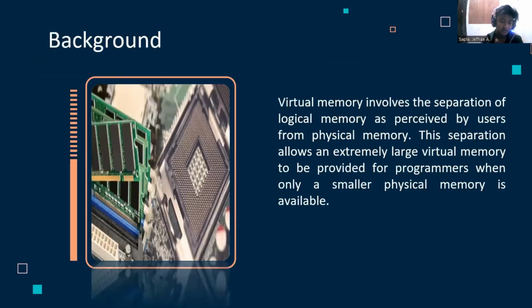Virtual memory involves the separation of logical memory as perceived by users from physical memory. This separation allows an extremely large virtual memory to be provided for programmers when only a smaller physical memory is available.